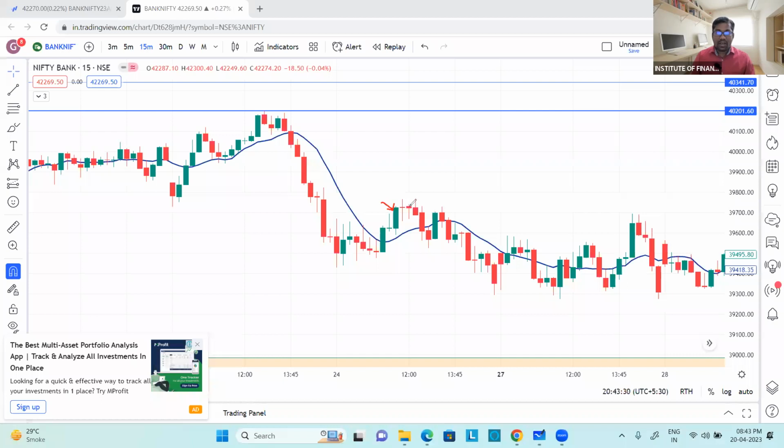So look at the highest closing of all this. This location is the highest closing of all the red candles at the top. And which is the lowest closing? This one. So whenever it is closing here, it is not closing below this green candle, right? This is the candle which closed below this green candle.